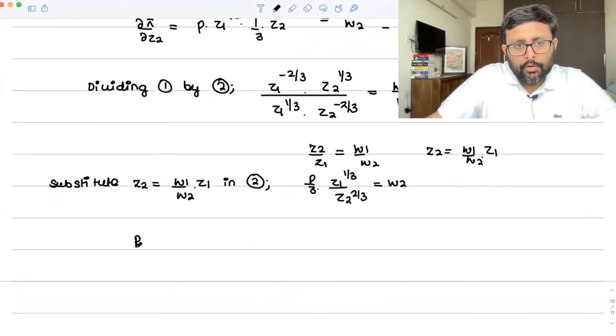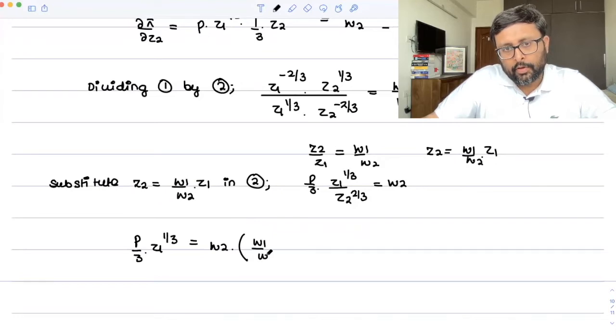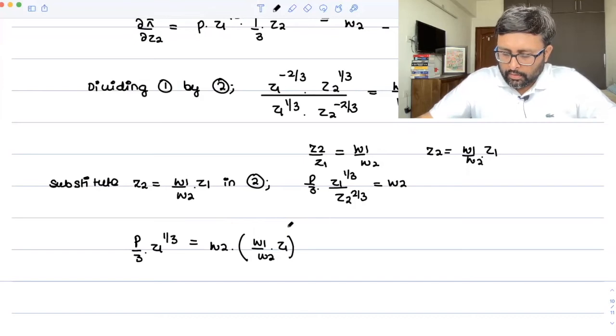So you have P by 3, Z1 to the power 1 by 3, W2, Z2 to the power 2 by 3. Now in place of Z2, I can write W1 by W2, Z1 to the power 2 by 3.